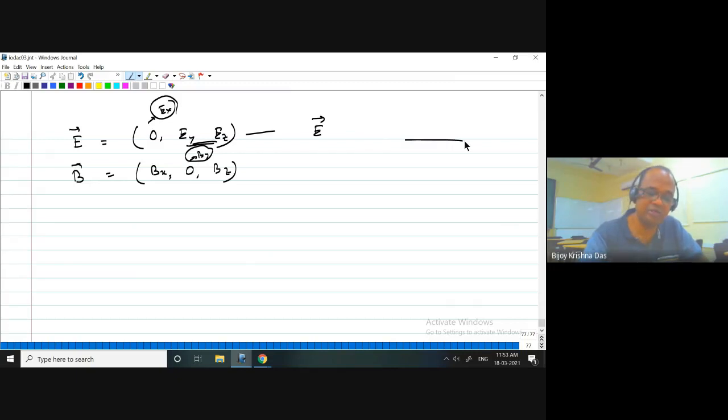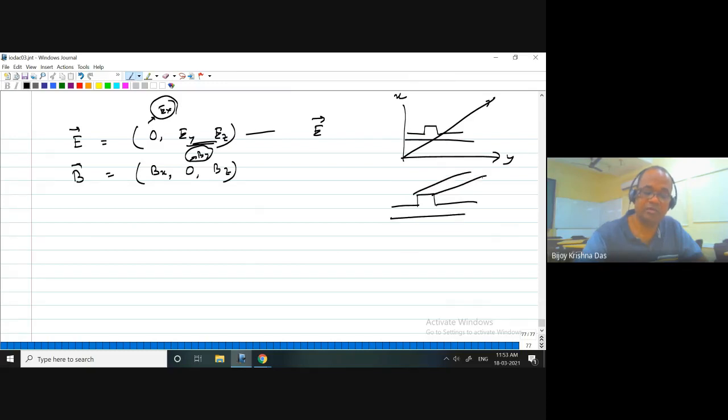So this is your waveguide, this is your Y direction, this is your X, and this direction is your Z. I should sketch a little more clearly.